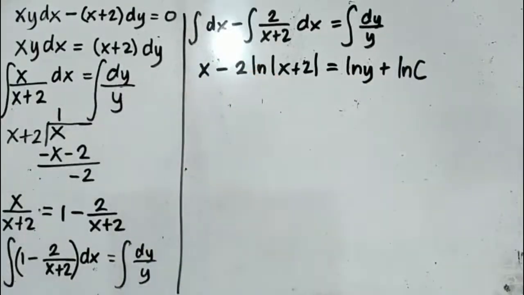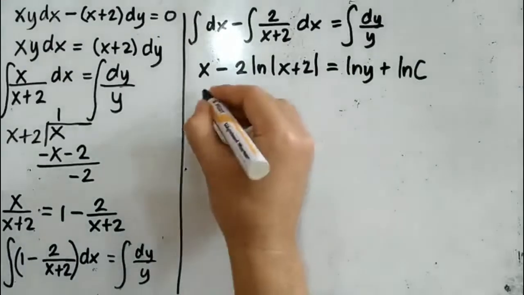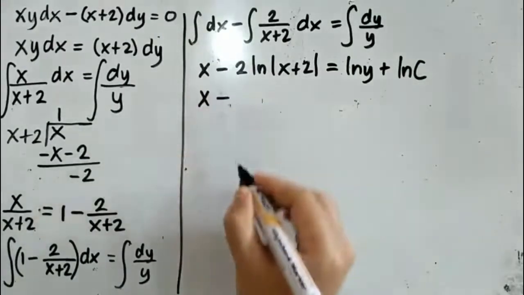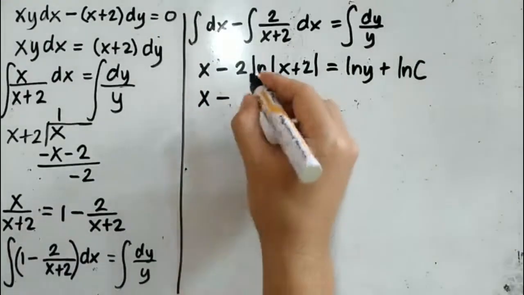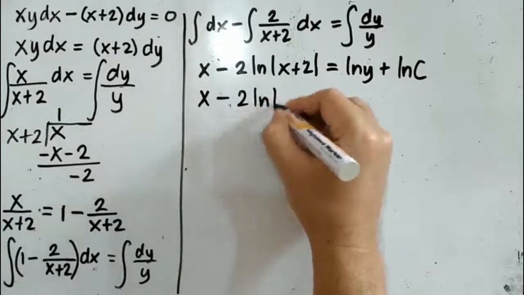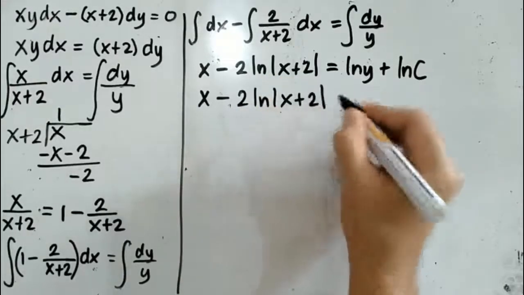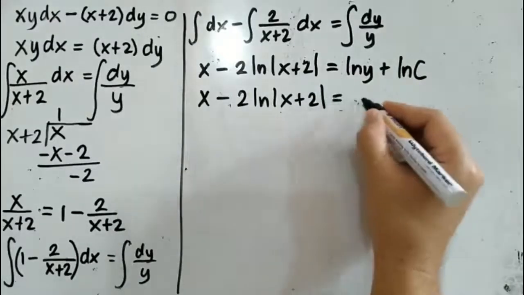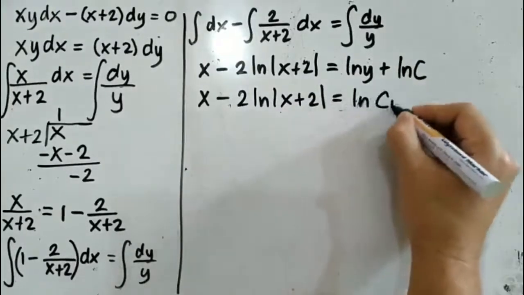So we have now x minus 2 ln of x plus 2 equals ln of cy.